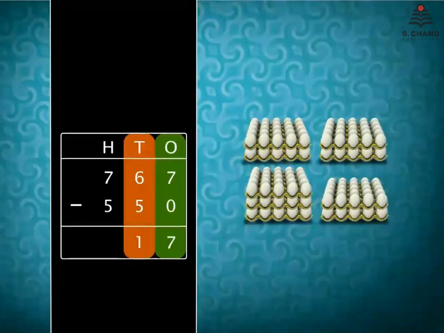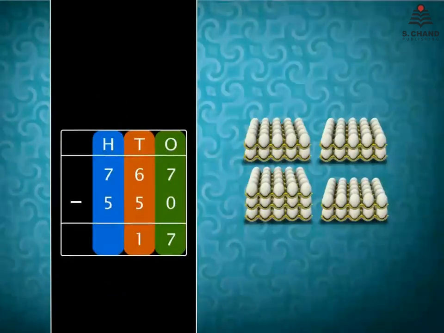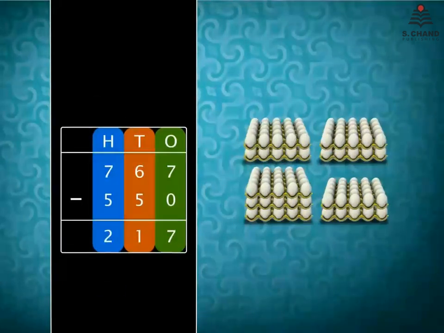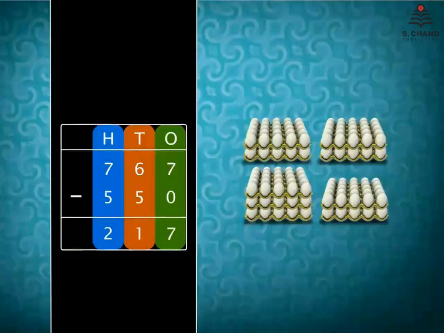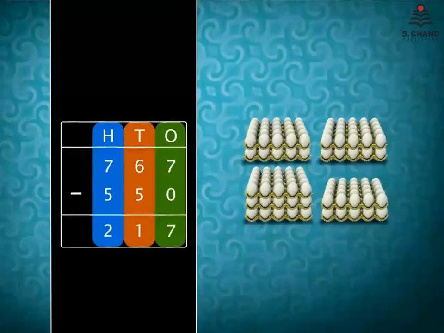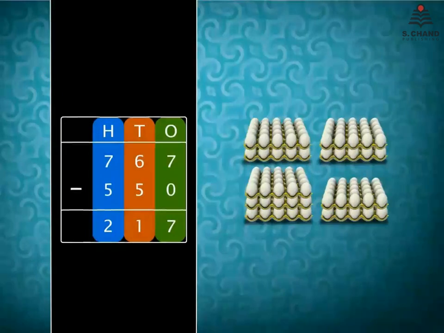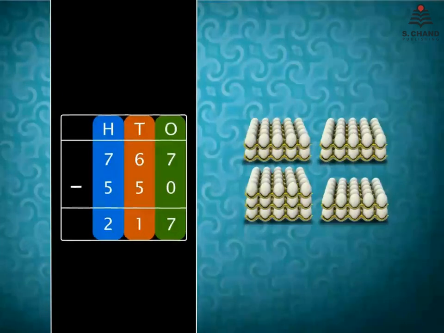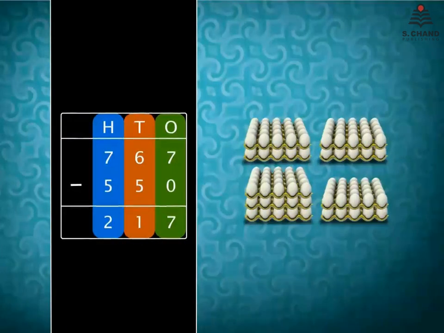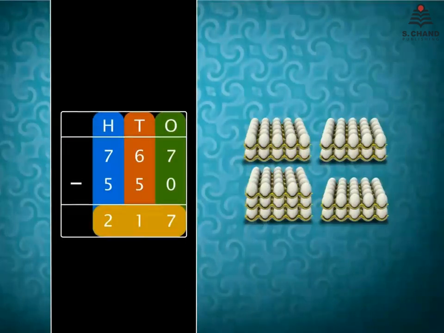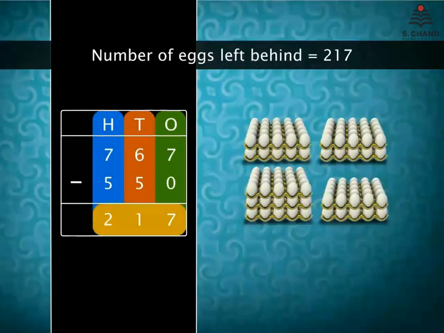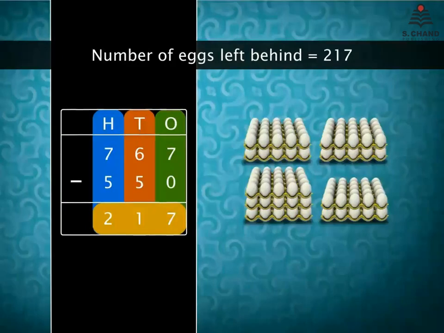Finally, subtracting the digits in the hundreds column, we get 2 as the answer. Subtracting 550 from 767, we get 217. So, the number of eggs left behind is 217.